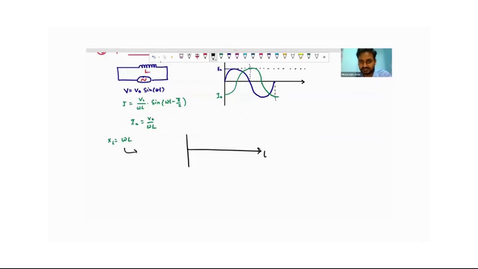In this direction we plot XL, that is omega L. Omega L means 2 pi f into L. Sorry, in this direction we'll plot frequency. So we'll write omega L or 2 pi L into f. It will be nothing but a straight line passing through the origin.